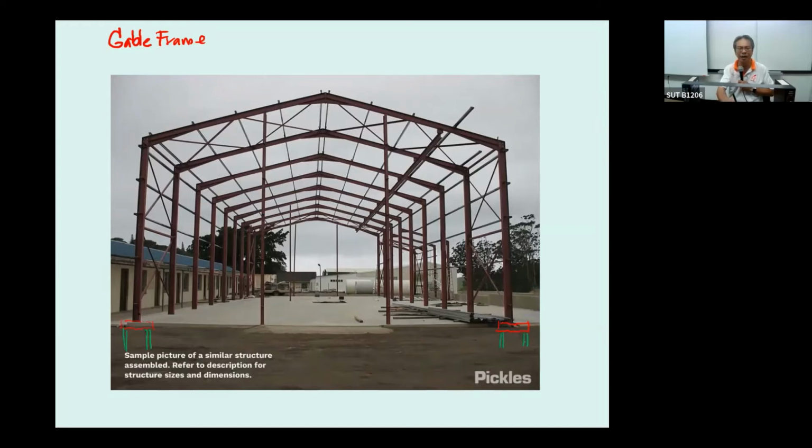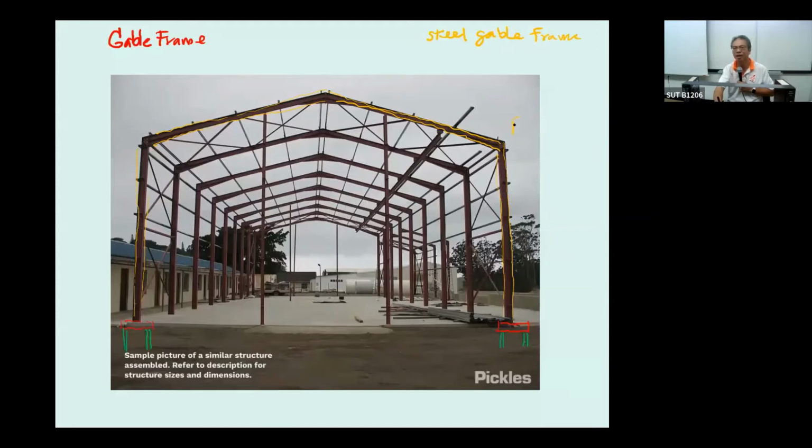And then you erect the column. You put all the columns in position, and then you put the beam across it. And you weld them together to connect.